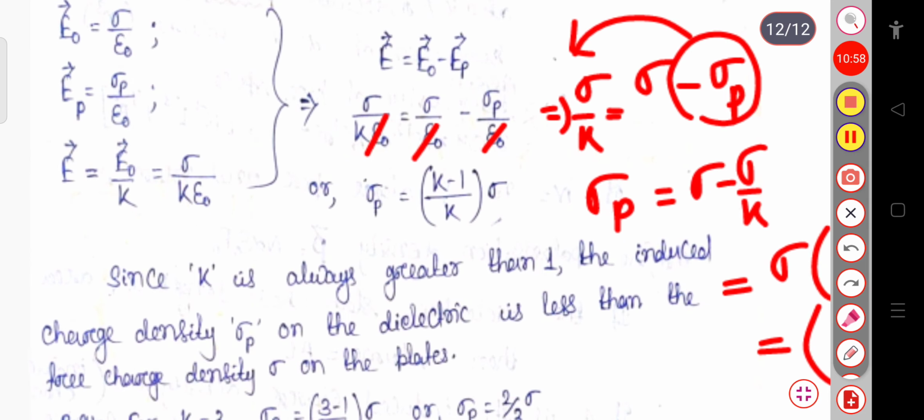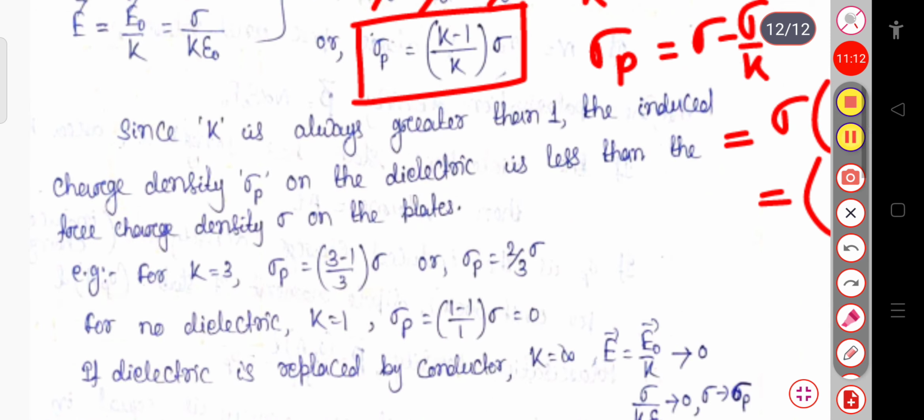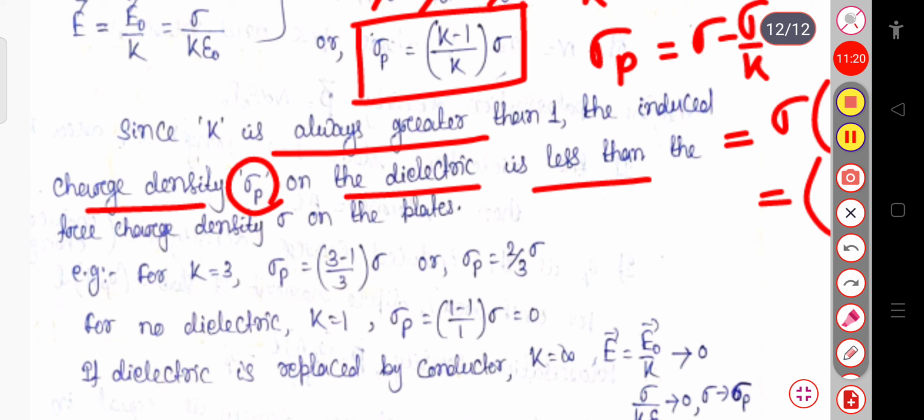So here you can see sigma p, that is the induced surface charge density, will be equal to k minus 1 by k, where k is the dielectric constant, whole into sigma. Since k is always greater than 1, the induced charge density sigma p on the dielectric is less than the free charge density sigma on the plate.